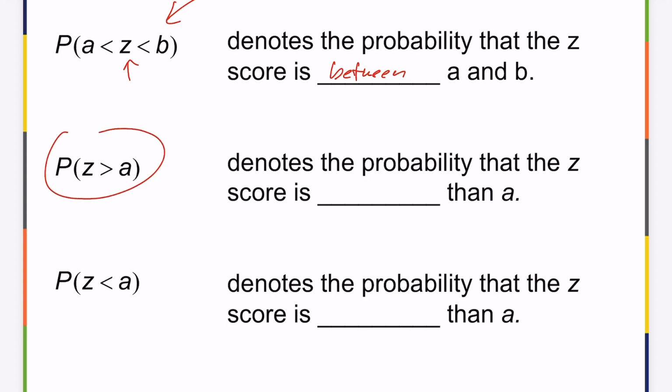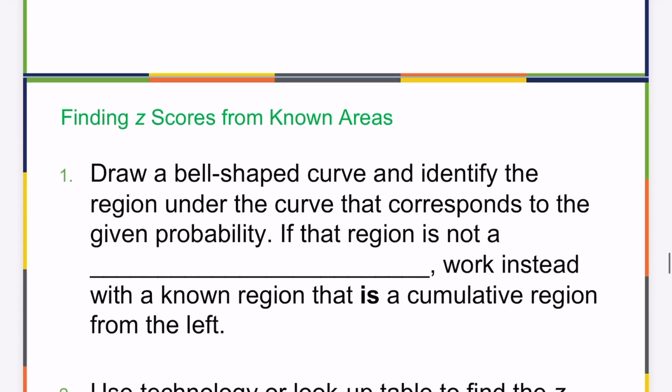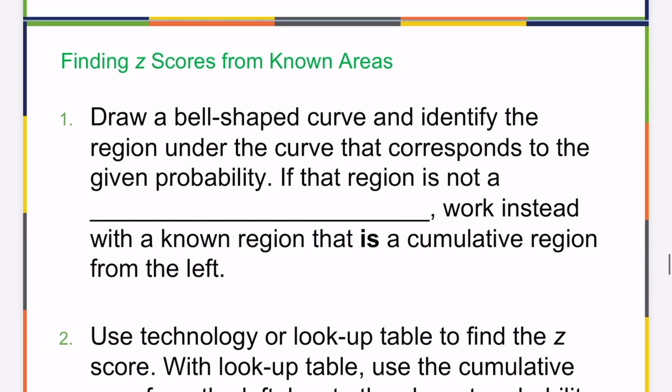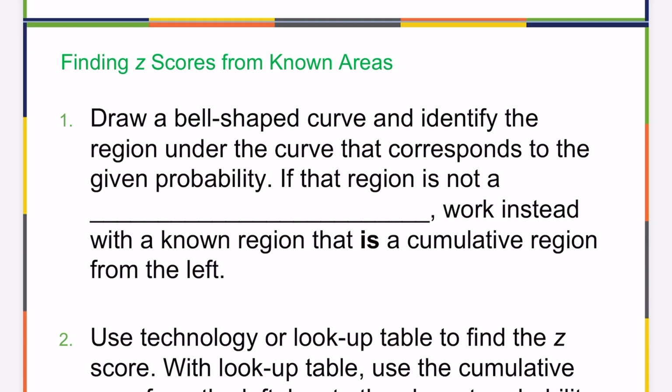This thing here then denotes the probability that the z-score is greater than A, and this other one is for when the z-score is less than A. All right, so if you need to find a z-score and you know the area, so it gives you the area. See, so we're going backwards here. So this is backwards. All right.